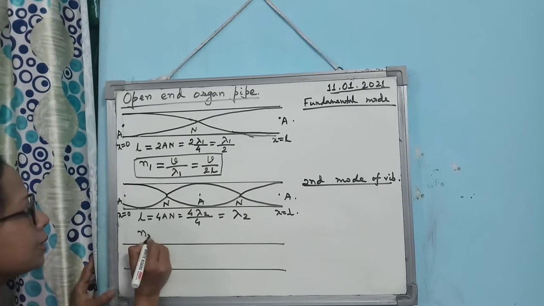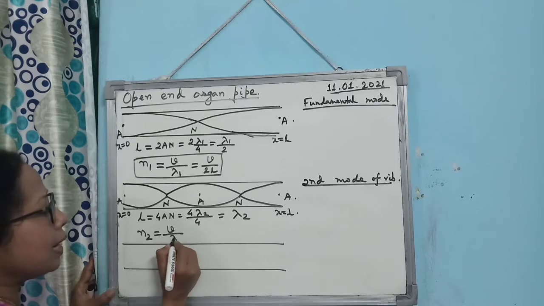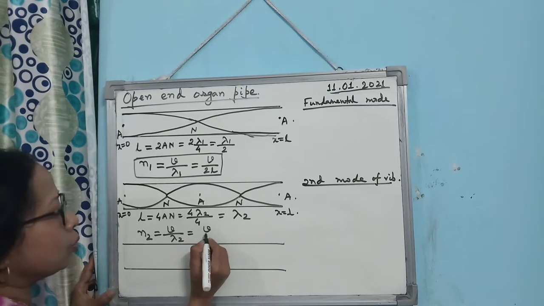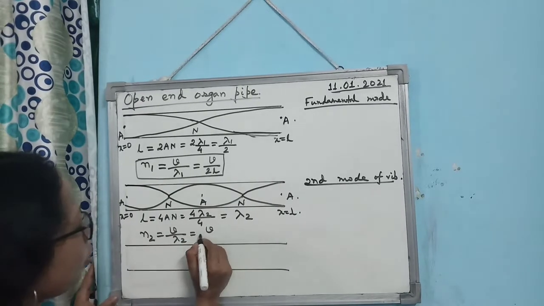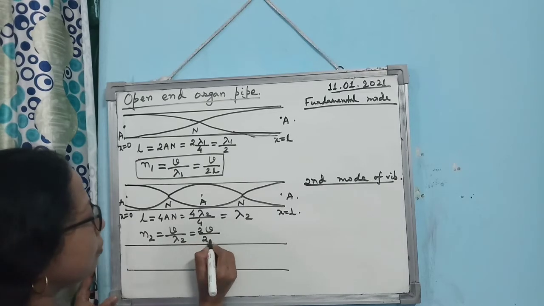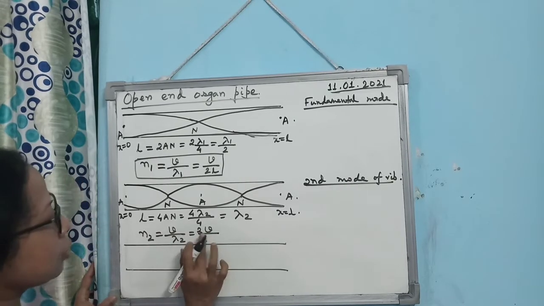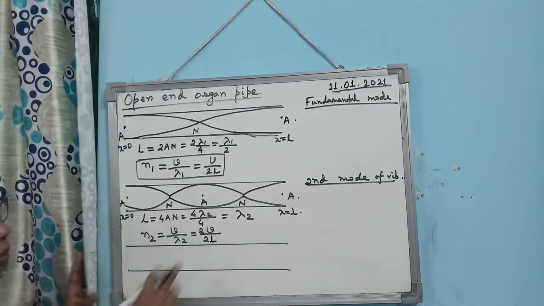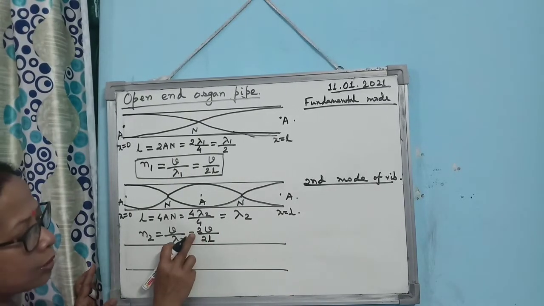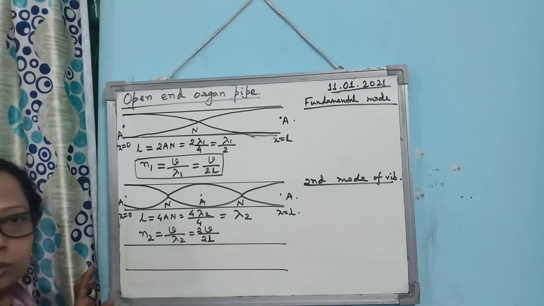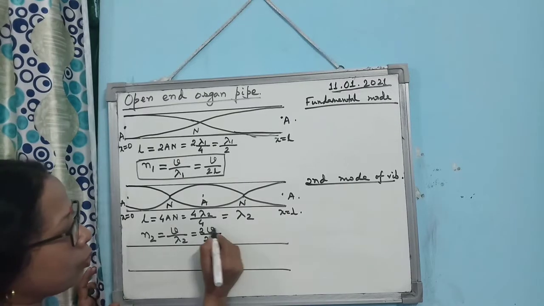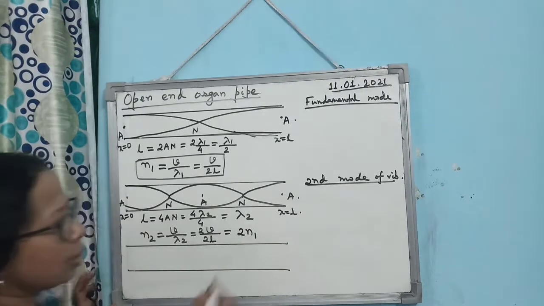So what will be the second mode of vibration? V by lambda 2. Lambda 2 is equal to L, so you can write V by L. Now you see what I have done: I have multiplied by 2. Why? Because V by 2L is equal to N1. So what we have got?